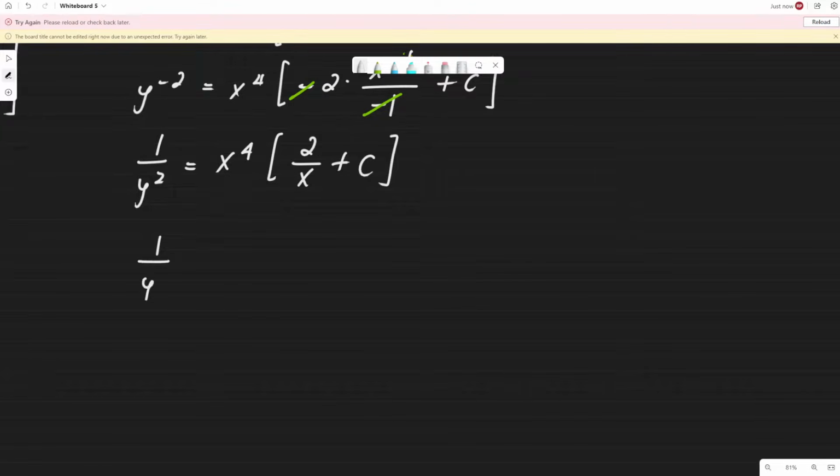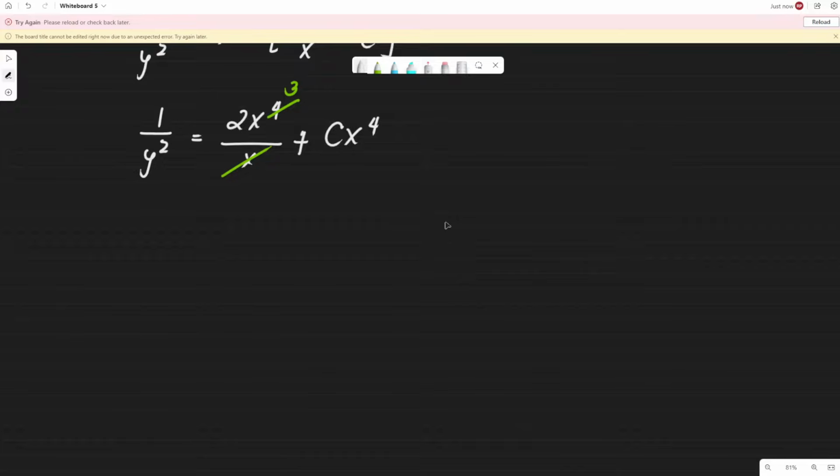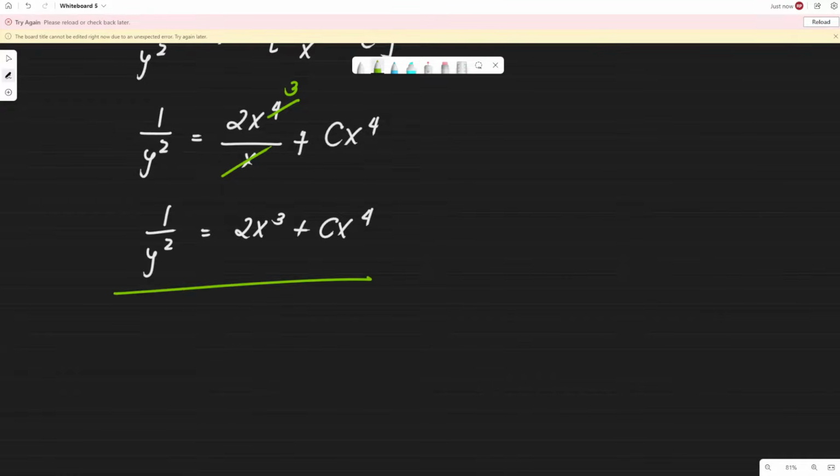So, we'll have 1 over y squared equal to 2x raised to 4 over x plus cx raised to 4. Obviously, these cancel. Let's subtract one from the exponent. So, therefore, our final answer, or our general solution, is 1 over y squared is equal to 2x cubed plus cx raised to 4. This is our general solution.